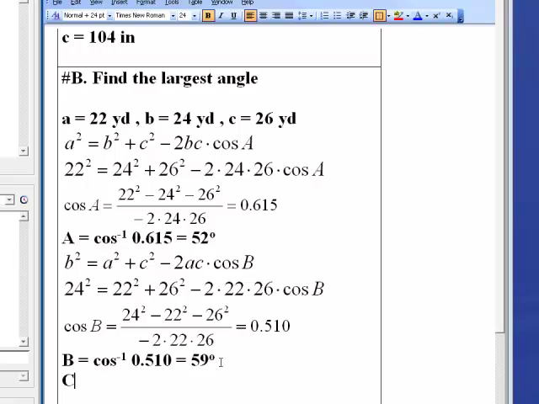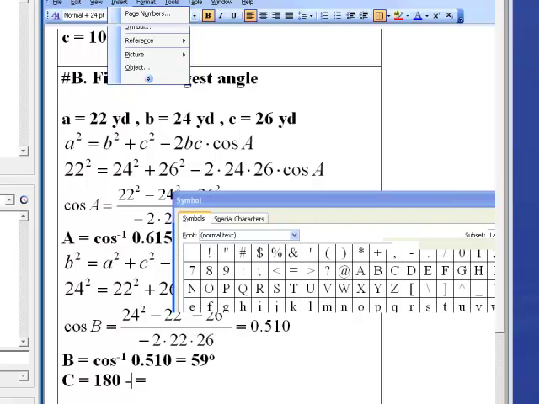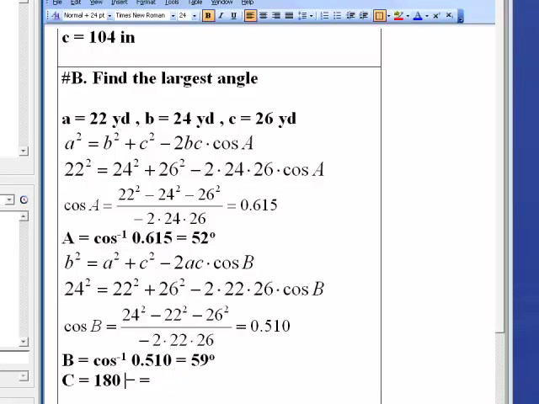And then, of course, right away, C equals 180 minus 52 degrees minus 59 degrees, which is 69 degrees.